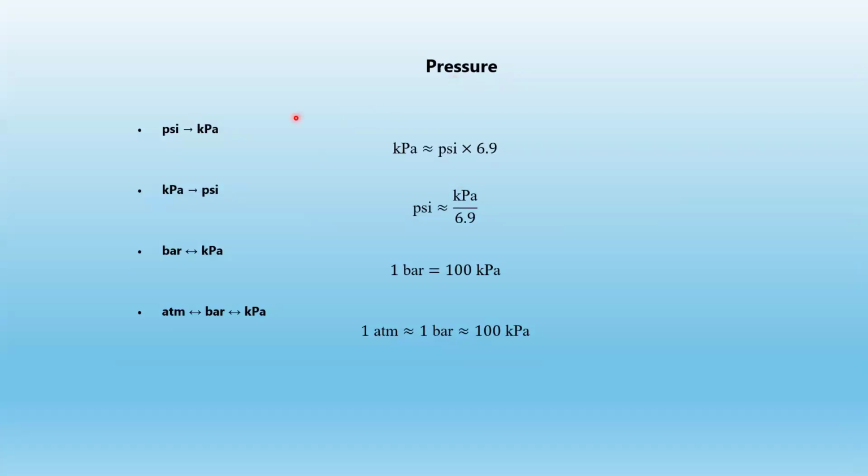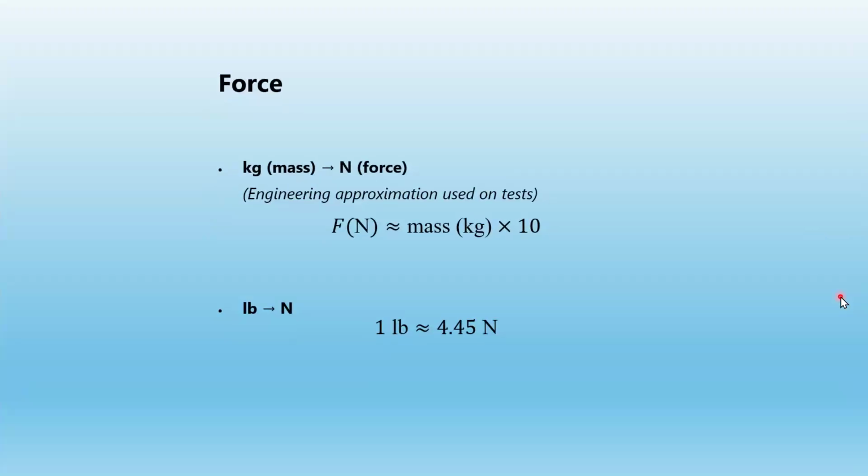You have the conversions for pressure, psi into kilopascals. Force, kilograms or grams, and Newton force. Mass. What's the difference between mass and force? Mass is force, but within our gravity.